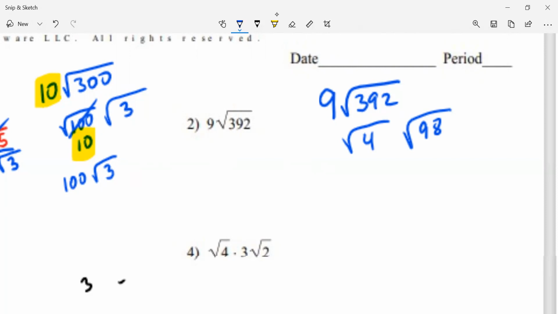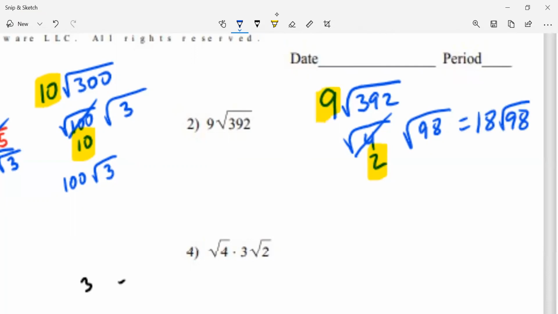Okay, so I did split it. I'm using 4 because 4 is a perfect square. I know the square root of 4 is 2. So now this 2, I'm even going to highlight this. This 2, once I have a whole number, multiply with the number that was outside to begin with. So now I have 18 radical 98.